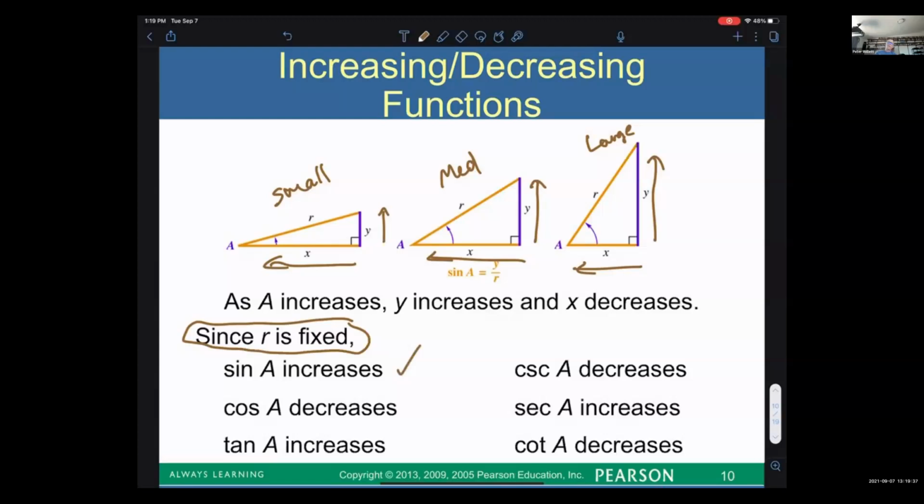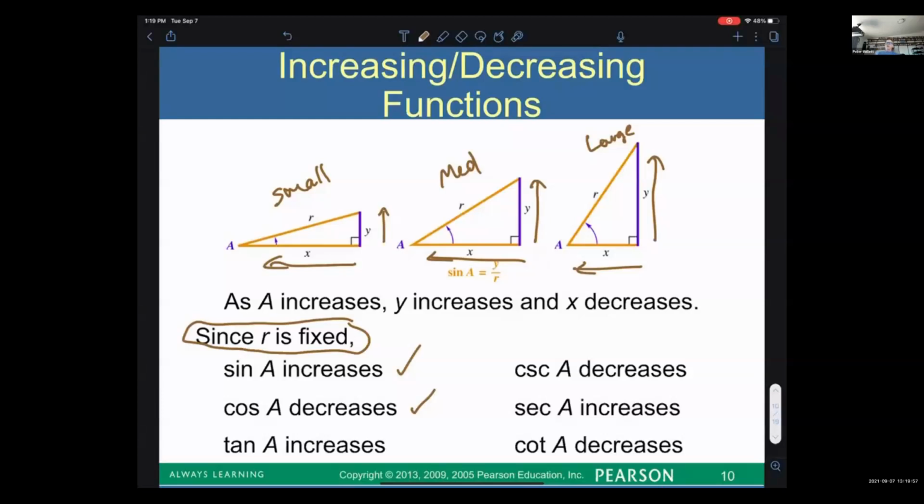Similarly, as R stays the same, as the angle gets bigger, the X value is forced to get smaller. The cosine function is X over that fixed R value. So if the X is getting smaller, the cosine must also be getting smaller and must be decreasing.